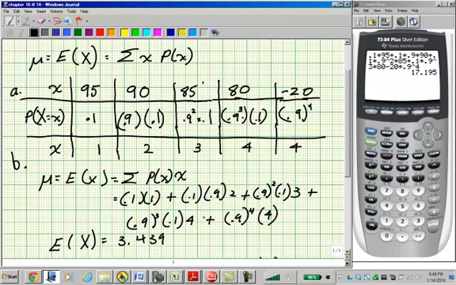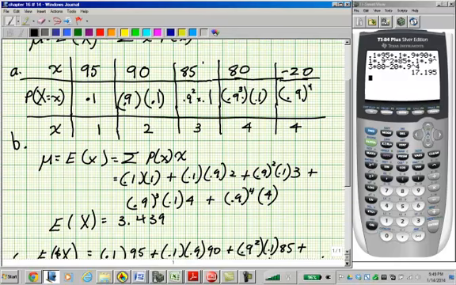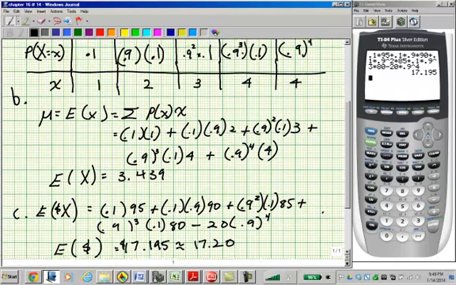The probability of 4 throws is 0.9 cubed times 0.1 times 3 plus 0.9 to the 4th times 4. Okay, so you add them all up and you get 3.439. That's the expected number of throws.